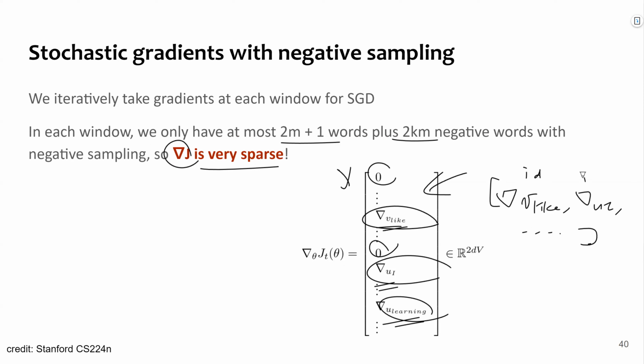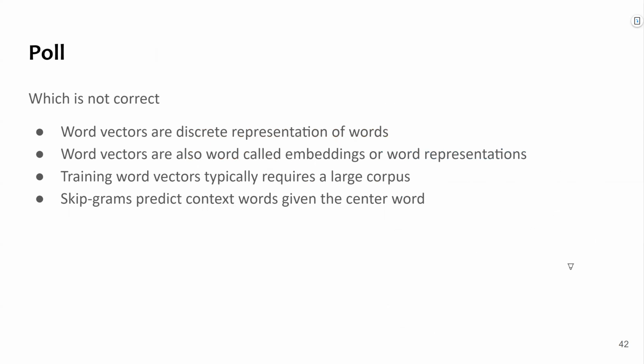You also need to keep track of the ID of these words, and we are going to update only that part. Think about this question to summarize what we've discussed on your own after pausing this video.